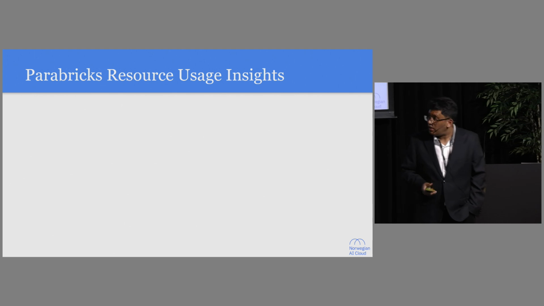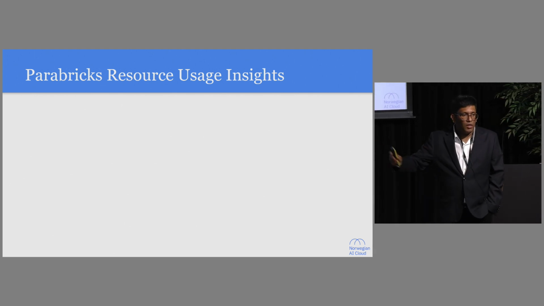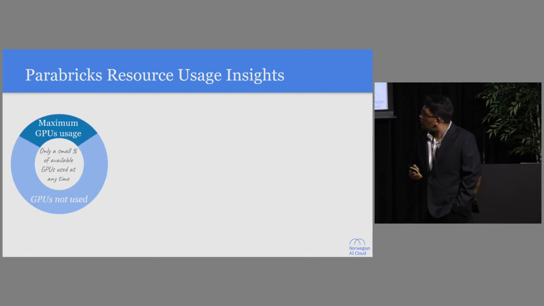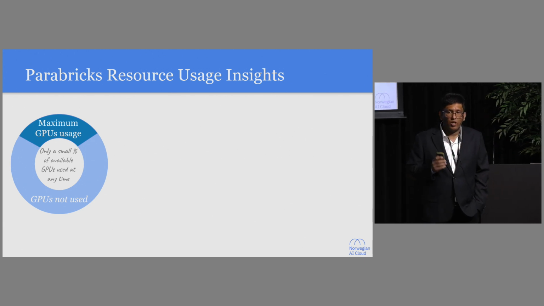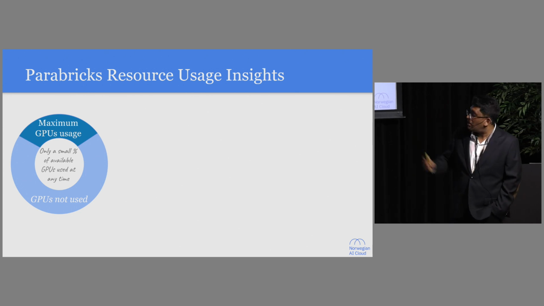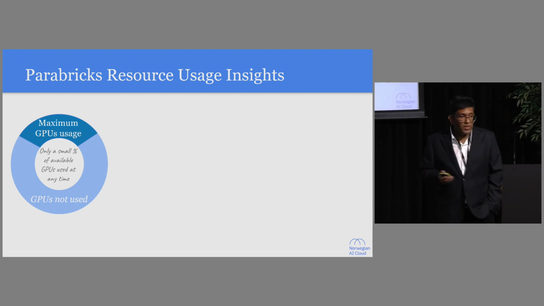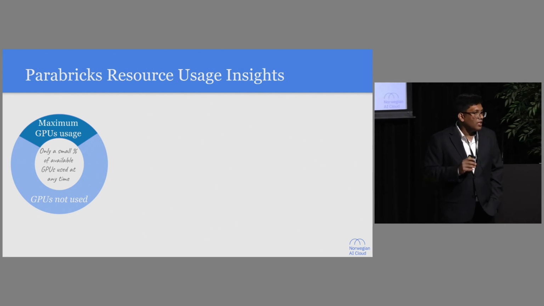So we studied how the GPU usage varies across different time points in the Parabricks runs. And we observed at a given time, only a small fraction of the GPUs available in the system is utilized by the Parabricks. Also, we tested on multiple samples and studied the maximum GPU usage per sample. That was also a smaller fraction of the available GPUs.